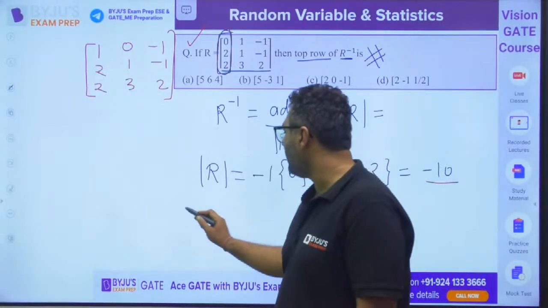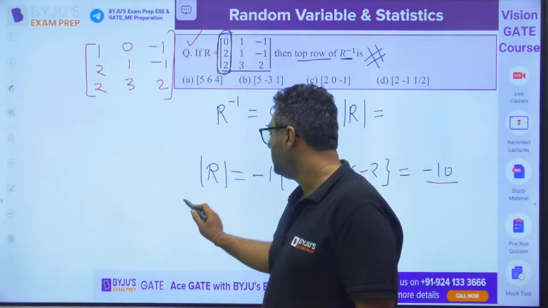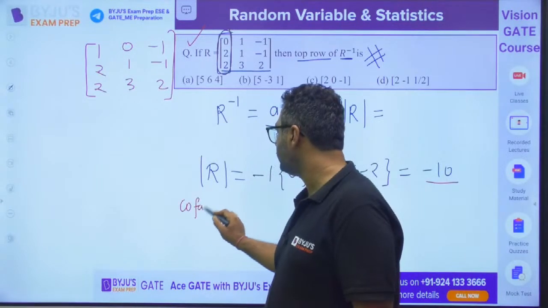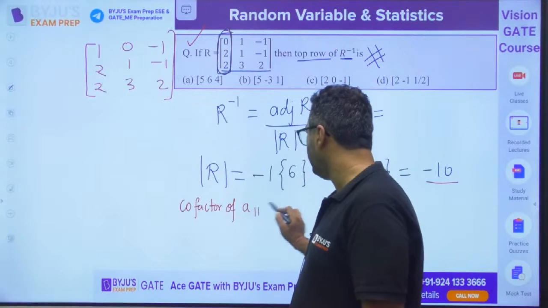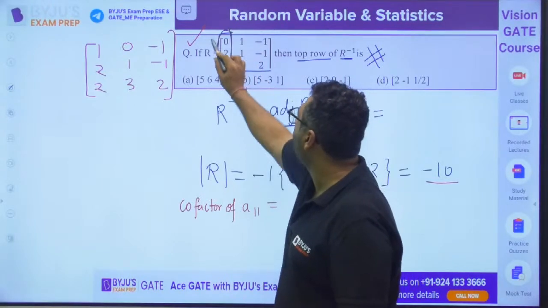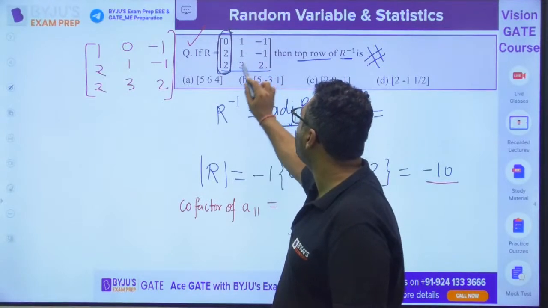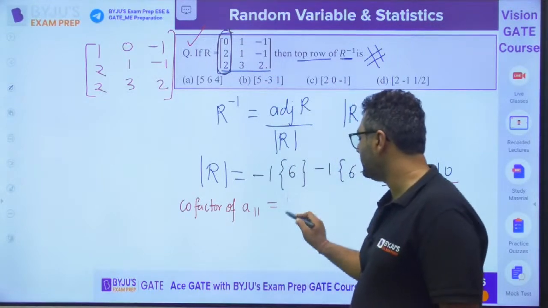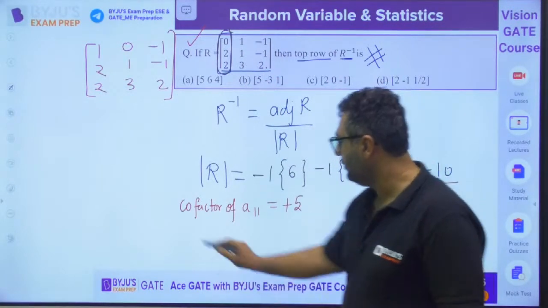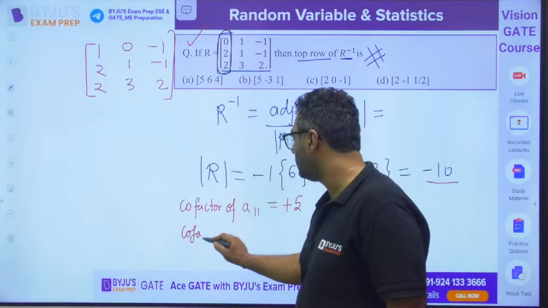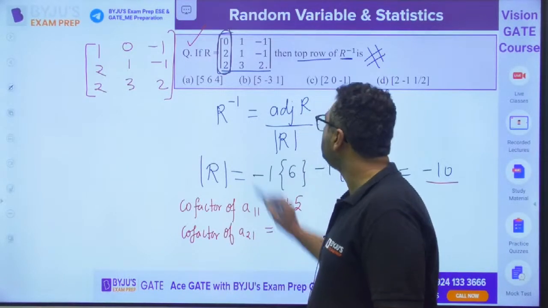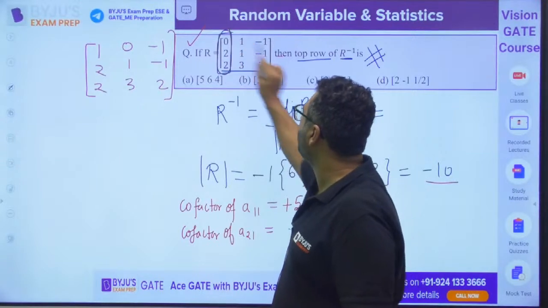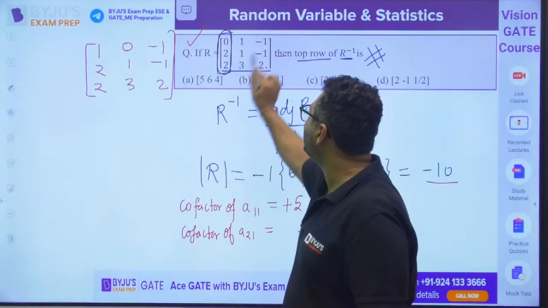Then you know we need to find out the cofactors. What is cofactor of A11? First row, first column. 2 minus of -3 plus 5. Then you will be having cofactor A21, second row, first column, 2 minus of minus 3.